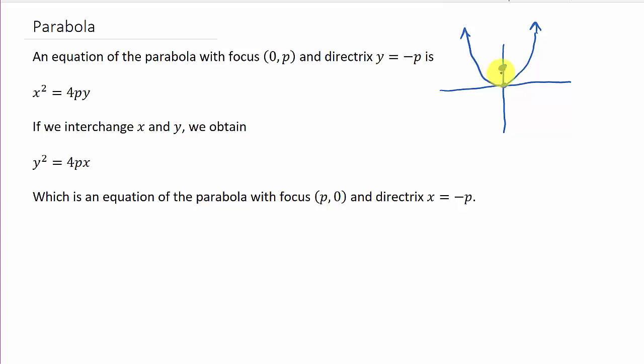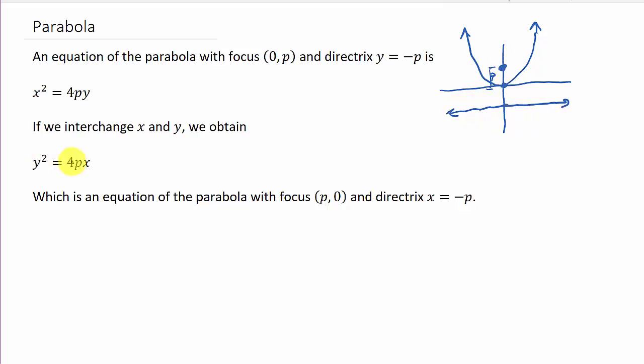So for your focus, this distance from here to here is p. And then p units down would be your directrix. So that's what we're looking for. Once we find p, we can get the coordinates of the focus and we can get the directrix.